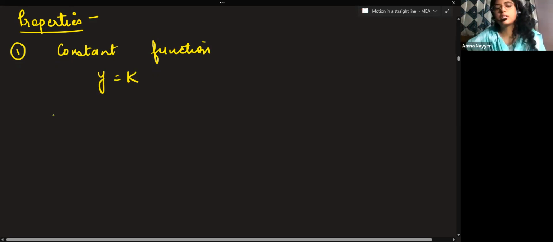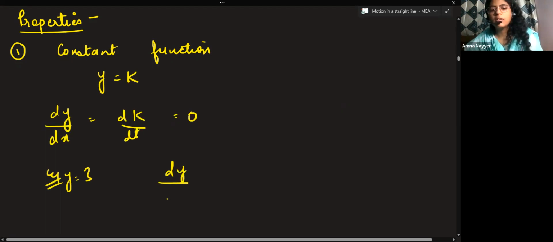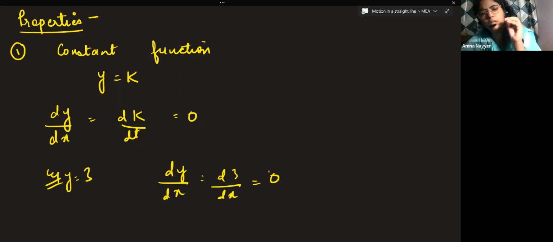So dy over dx, means differentiation of this constant function, that will be 0. For example, if I give you number 3 and I ask you to differentiate 3. So let's say y is equal to 3. So dy over dx, this will be d3 over dx. This will simply be 0. So the constant function rule is very easy. Whatever is given to you, it will simply be 0.